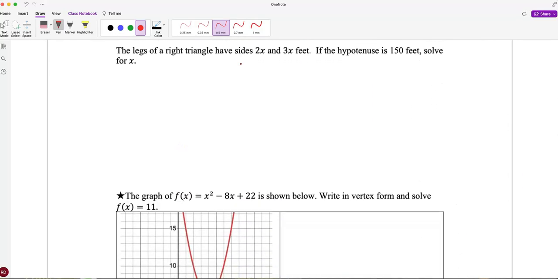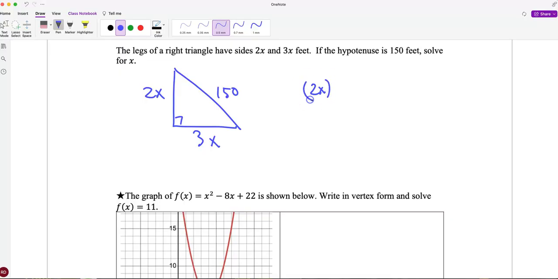The legs of a right triangle have sides that are 2x and 3x feet. So right triangle, 2x, 3x, hypotenuse is 150. Solve for x. So (2x) squared plus (3x) squared equals 150 squared.